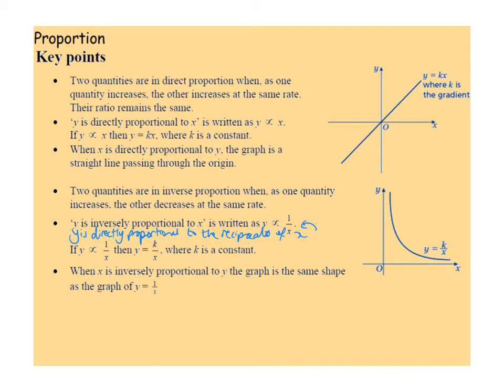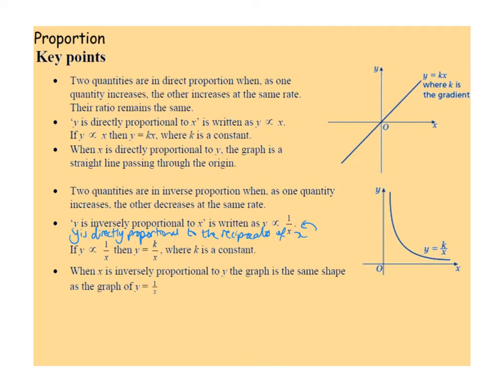That's because you're really saying the same as y equals k multiplied by 1 over x. That would be exactly the same process here if we did that here. And then, of course, k is the same as k over 1. And if you multiply the numerators and denominators, you get k over x, which is then exactly the same as what you have here. Okay, so they're very similar to each other.